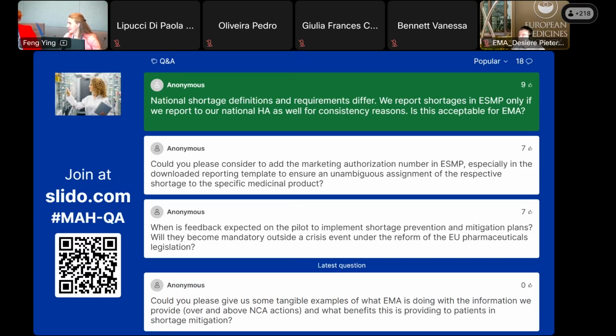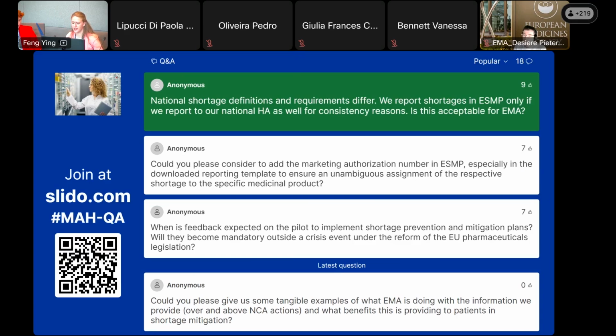For this question, I would like to point you to Regulation 2022/123. We have the shortage definition in there. You can look it up as well, but I will for now cite it.